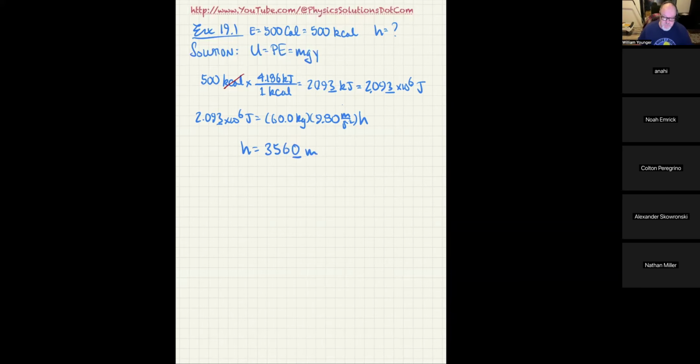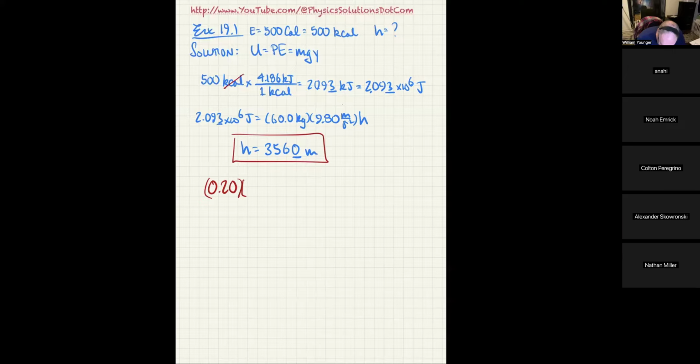I'm assuming three sig figs here, but that's it if the body was truly 100% efficient. But it turns out the body is only about 20% efficient. So the human body really only gets to spend about 20% of the energy it takes to cover this distance. So in principle, what you need is in reality not the 3,560 meters, which is the answer that the book was more or less asking for, but to make it more real, what we have to realize is that 0.20 times the energy that the person ate will be set equal to mgh.